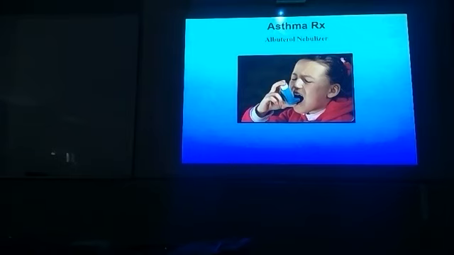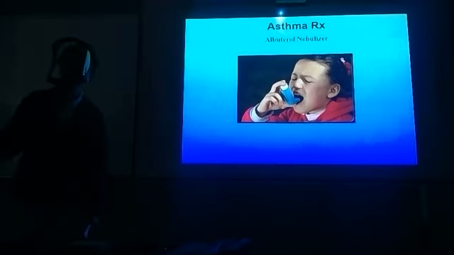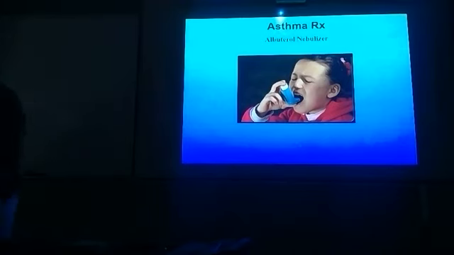The most common cause of emphysema is cigarette smoking, and the most common cause of chronic bronchitis is cigarette smoking. So very often, when one person has emphysema, they also have chronic bronchitis and vice versa. They all have the same etiology.